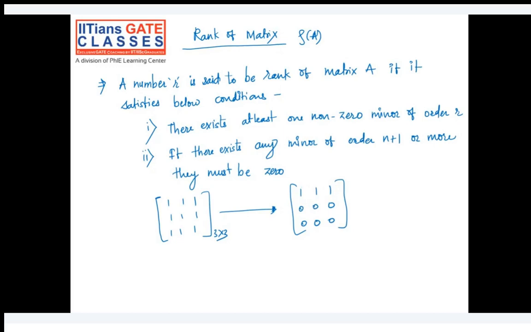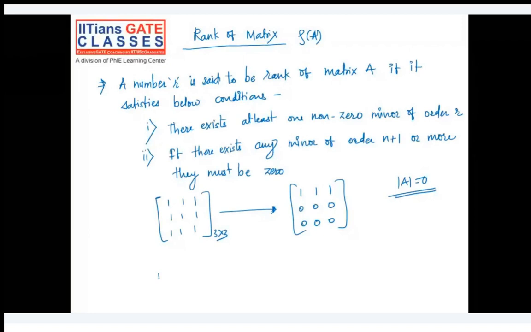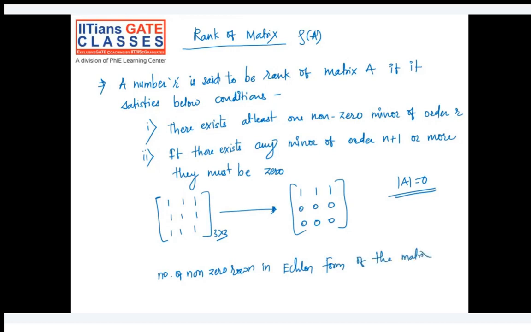In simple words, the definition of rank is the number of non-zero rows in the echelon form of the matrix. This is the more common example which we see in the books, but ultimately whatever two things we are saying, they are indirectly capturing the same thing.